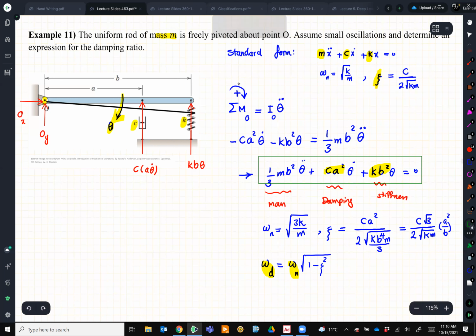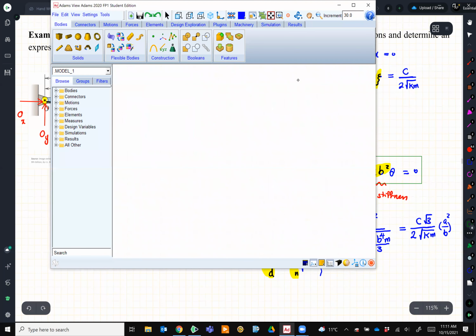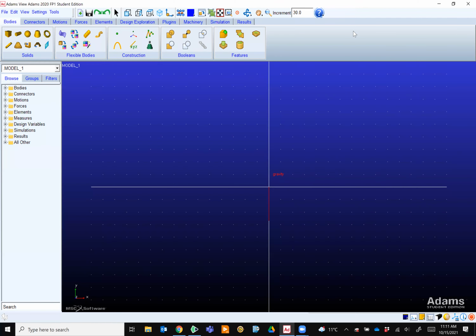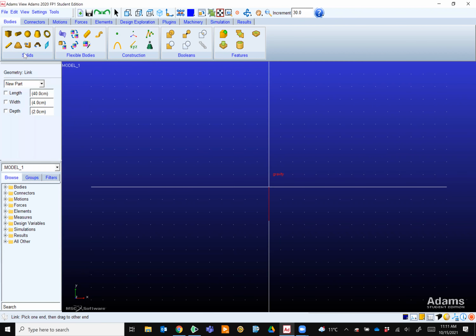Or let's just take this system and make a quick virtual prototype of it and see how it actually moves. I have a link, let's say, because the question didn't give us any size.